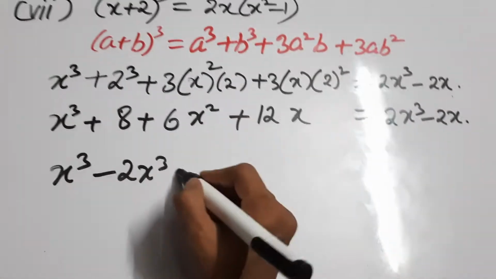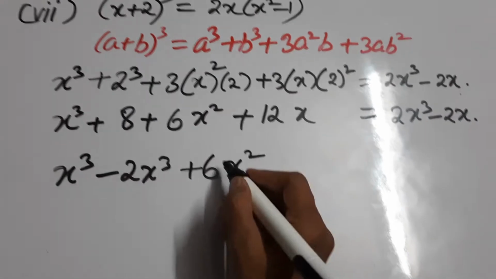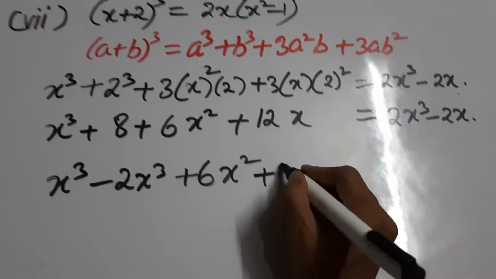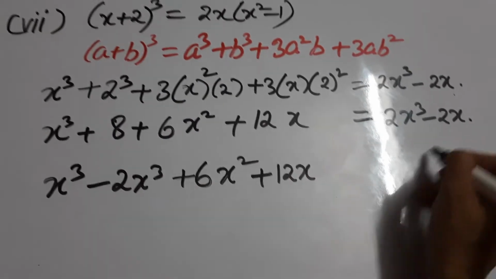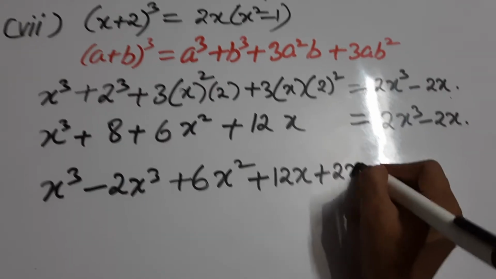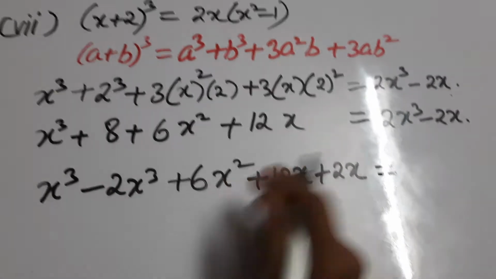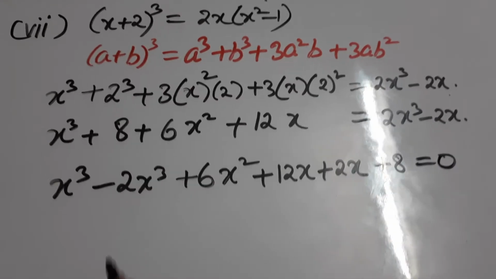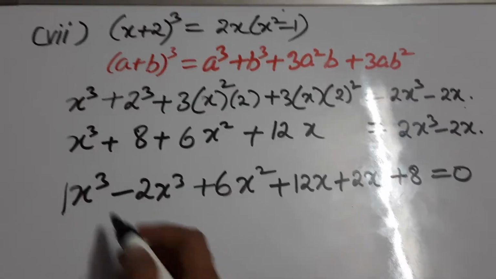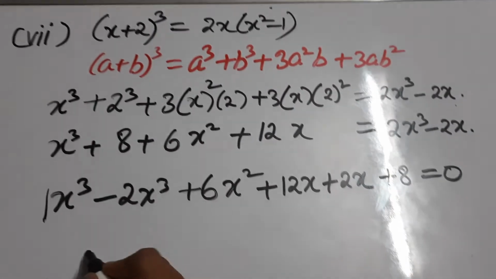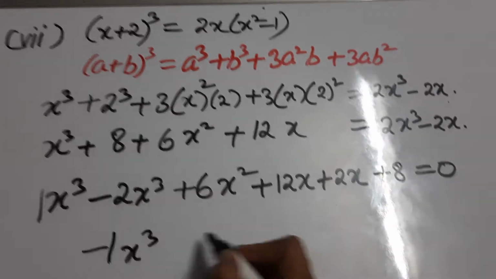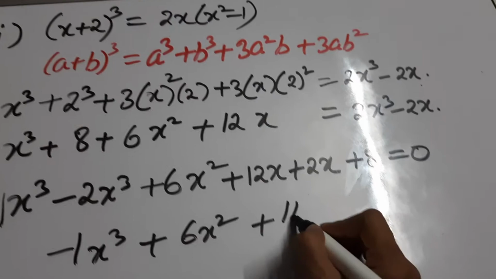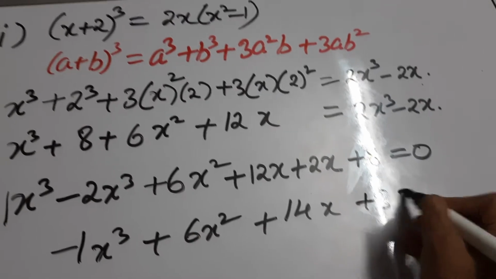Then plus 6x square, square वाली term लिख लेंगे पहले cube then square, then x वाली term x raised पर 1 वाली, so we'll take it to this side, it will become 2x, then plus 8 is equal to 0. So 1x cube minus 2x cube, 1 minus 2 कितना मिलेगा, minus 1x cube plus 6x square, 12 plus 2 14x plus 8 is equal to 0.